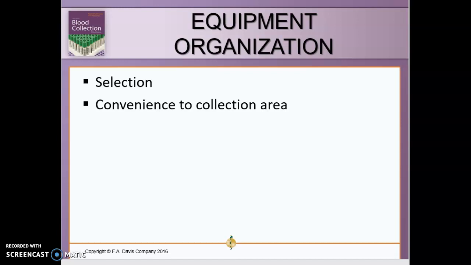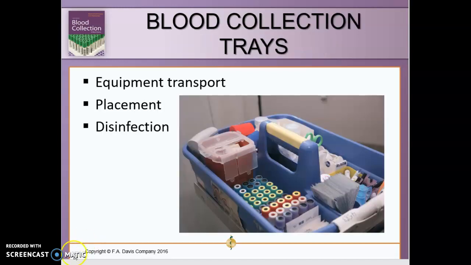And also we're going to get into the different colors, which color tubes we use when we pull certain blood samples. The primary antiseptic for routine venipuncture that we clean the skin with is isopropyl alcohol. So before we stick a patient to go in their vein to get blood, we clean the skin with the isopropyl alcohol.